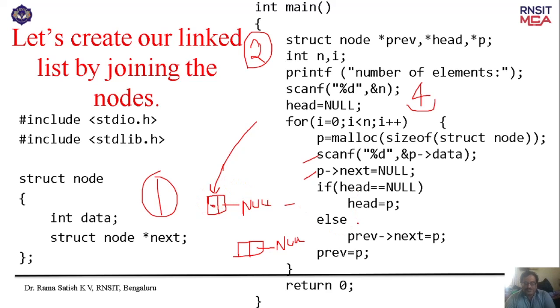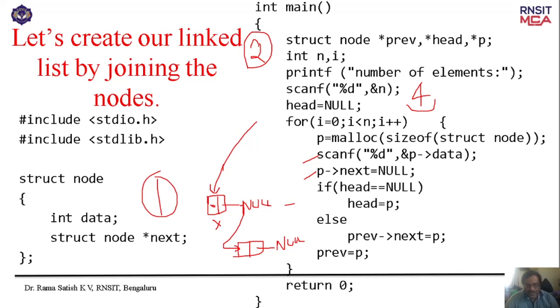The previous element which is there, previous of next is equal to p. Previous of next was null, and now previous of next is the new node, so it is connected here.